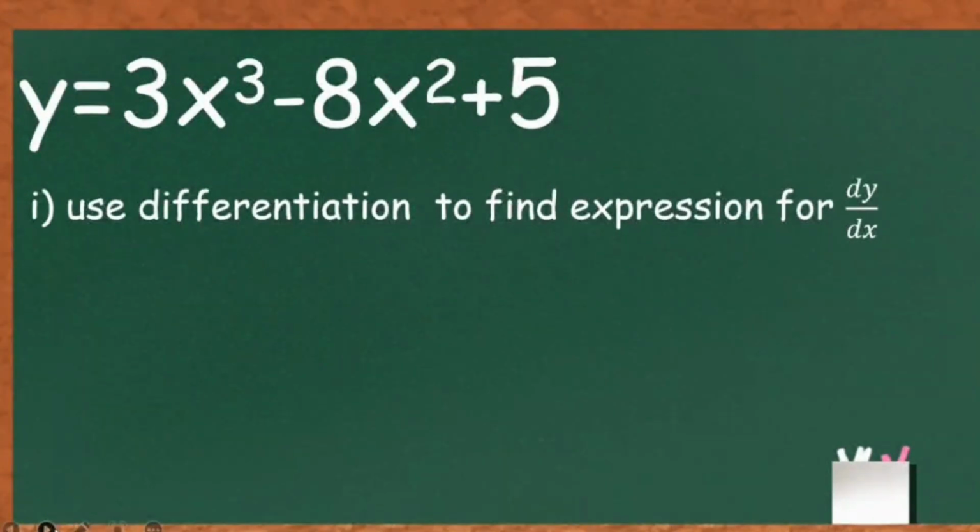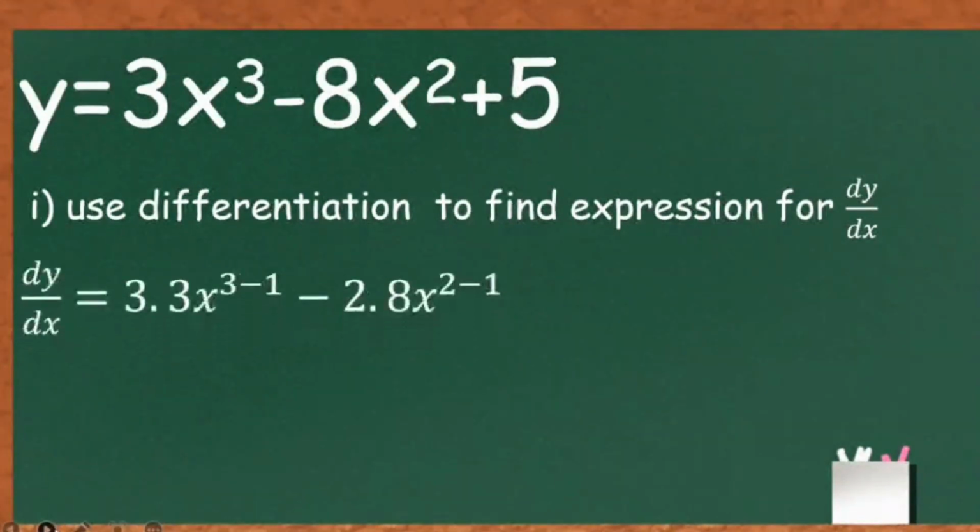The function we have is just a normal function, so we can use the power rule to differentiate the equation. dy dx equals, power we bring to the front, 3 times 3x power 3 minus 1, minus power we bring to the front, 2 times 8x power 2 minus 1, and dy dx will be 9x squared minus 16x.